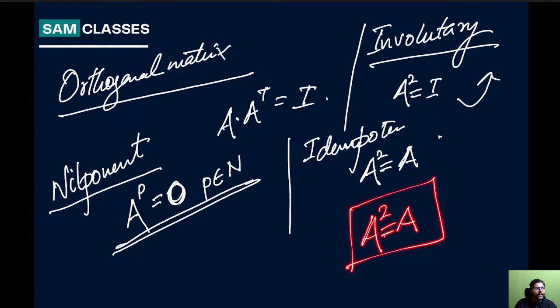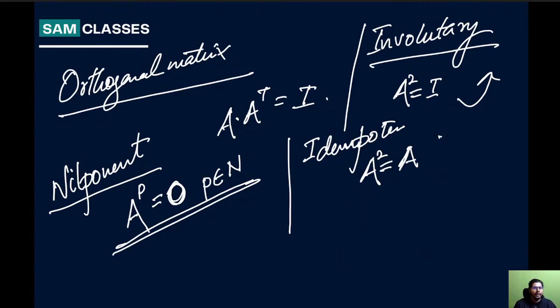Very simple, just keep it in mind. Involutory: A square equal to identity matrix. So these four special types are very important. Keep them in mind, everybody, these four special types keep coming up.